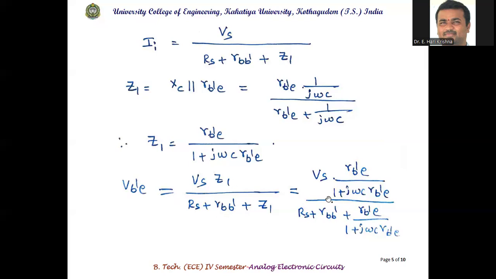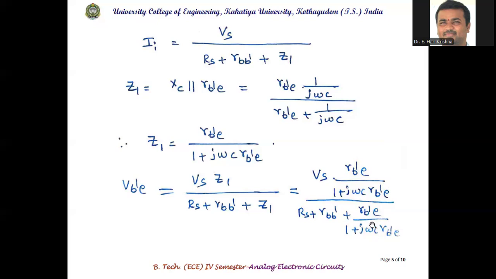Substituting the Z1 equation here, Vs into RB'E by 1 plus j omega C RB'E divided by Rs plus RBB' plus RB'E divided by 1 plus j omega C RB'E.